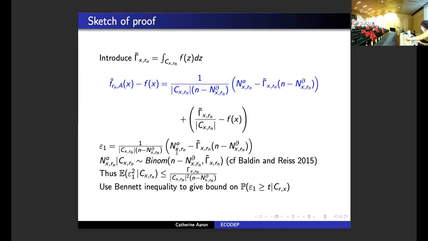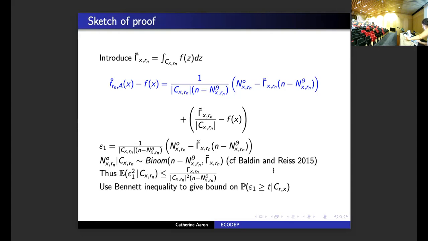Just look at this one: the number of points in the interior of the convexhull minus what I call gamma tilde. Gamma tilde is the integral of the unknown density on the convexhull. Everything goes well because of this. What is the law of the number of points in the interior of the convexhull, knowing the convexhull? Conditionally on the fact that we know the convexhull.